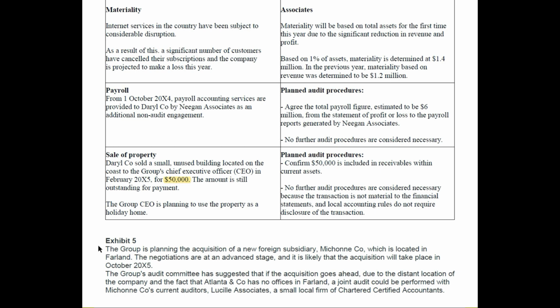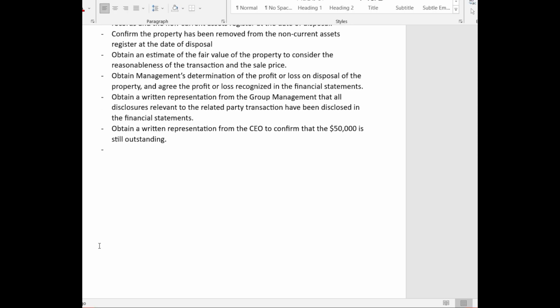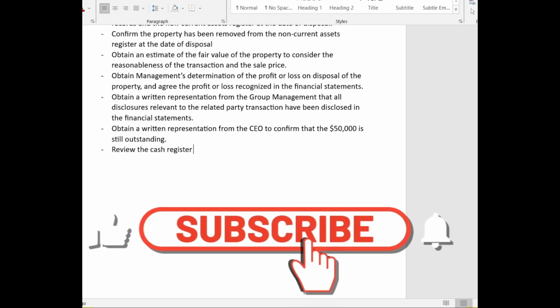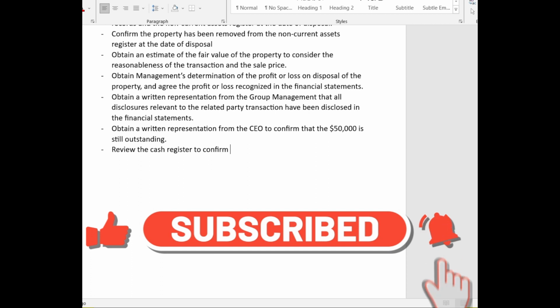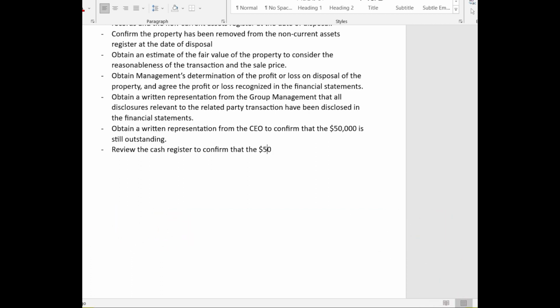So we can draft a procedure for this also, that we can review the cash book or let's say cash register to confirm that the $50,000 payment has not been received.